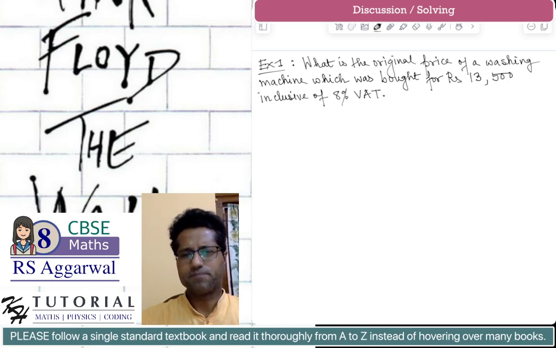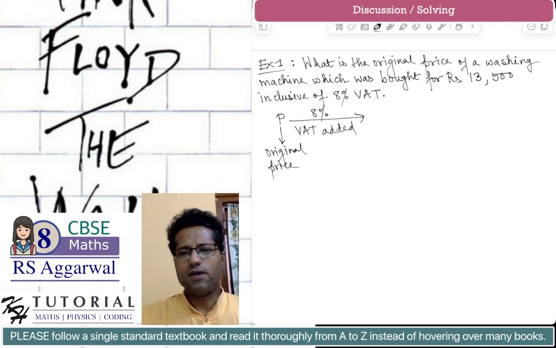So let's say P is the original price. The visual description of the problem can be given like this: from the original price P, 8% VAT is added, and we have the price after VAT is added.